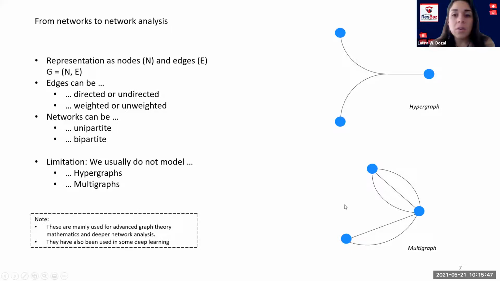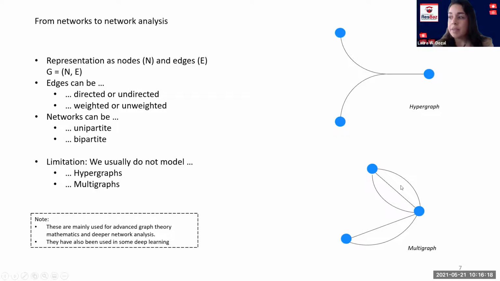And what we won't cover this morning is hypergraphs and multigraphs. A hypergraph is a generalization of a graph in which an edge can join any number of vertices. So here we have an edge that's split into two nodes. Instead of going from 1 to 1, this edge goes from 1 to 2.